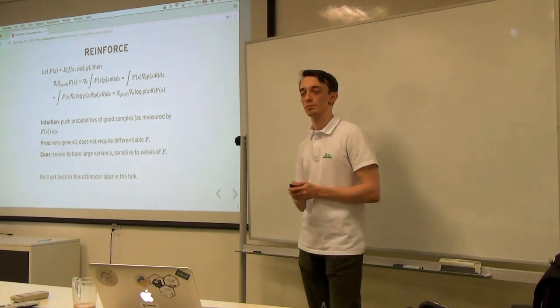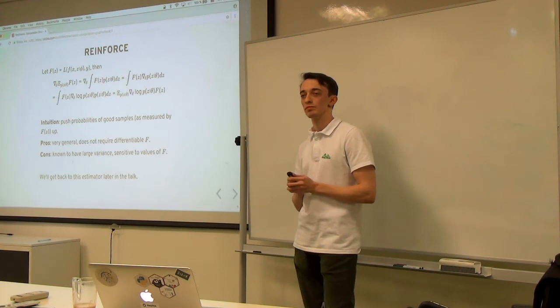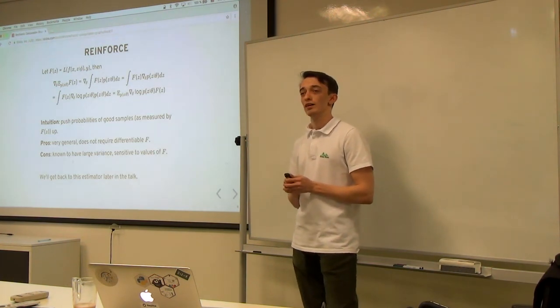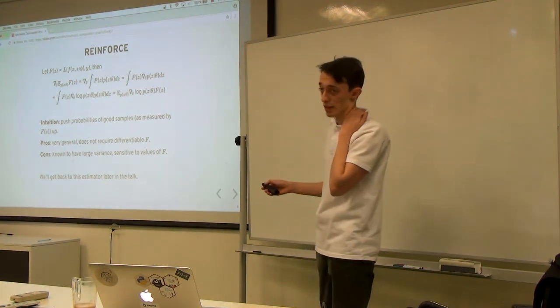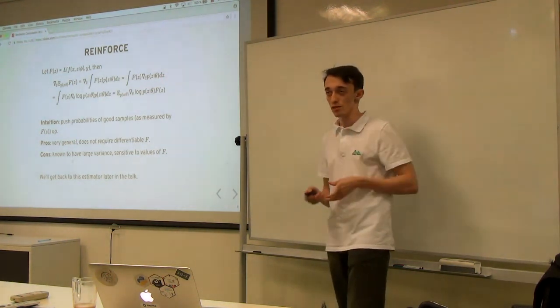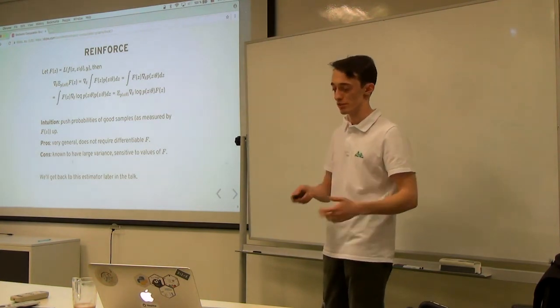Okay. So you think that it will be better to maximize the probabilities of good samples and minimize the probabilities of bad samples? Yeah. Okay, I see. That's also why people subtract baselines from f, so that f is not strictly positive or strictly negative.